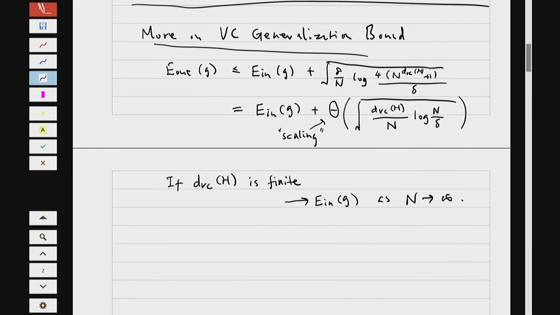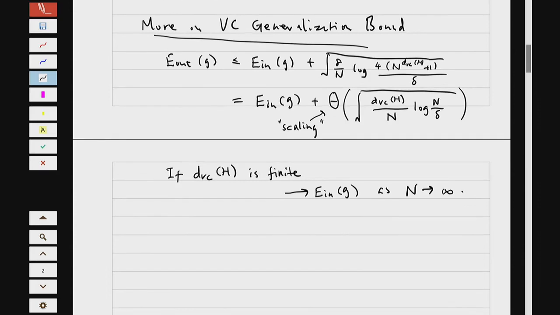In fact, you don't even need d_VC to be finite. The d_VC can grow a little bit, as long as it grows less than N over log N scaling, then this thing will go to 0. So that's what this type of VC dimension analysis gives us.